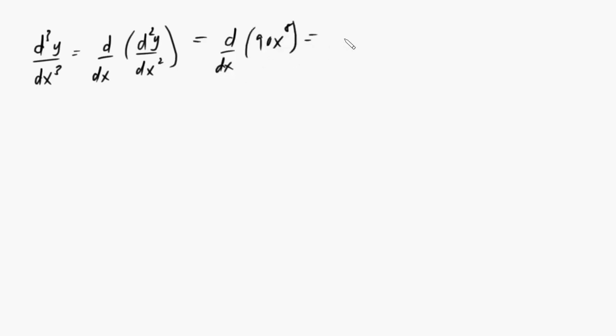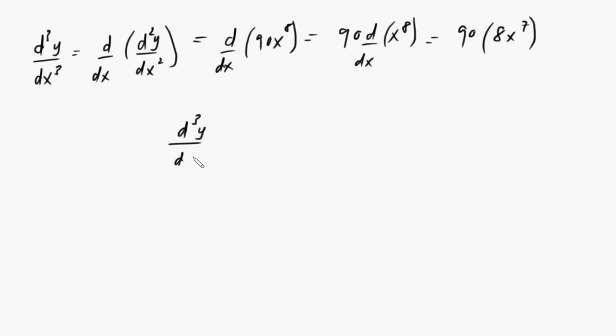So I can just get the 90 as a constant out. So I just remain as x power 8. So this one is just going to be 90 times 8x power 7. So my third derivative now is what? Is 720x power 7. So this one is the third derivative, okay?